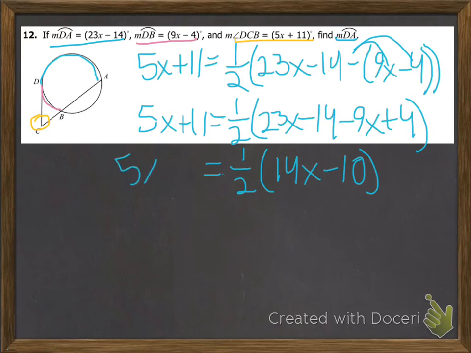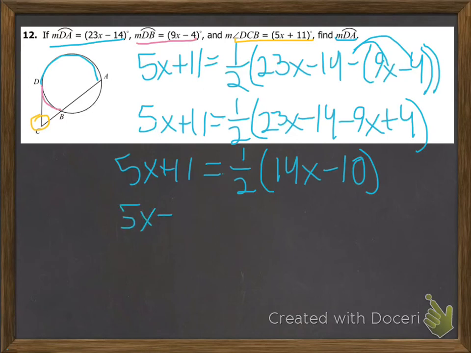And once again, 5x plus 11. Now, you can go ahead and multiply this 1/2 to everything in here, since those are all even numbers. So I'm going to go ahead and do that instead of multiplying the whole thing by 2, since it'll actually be easier.